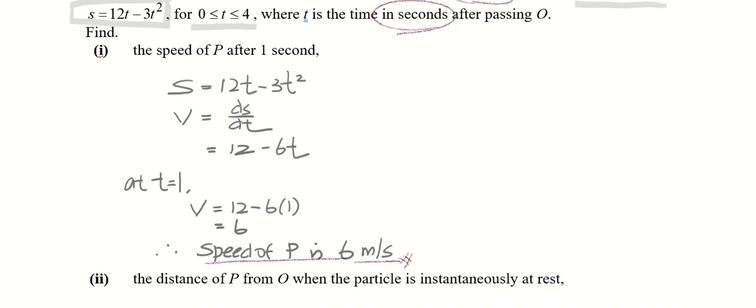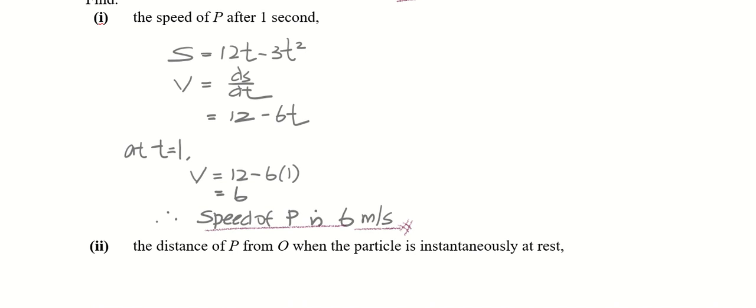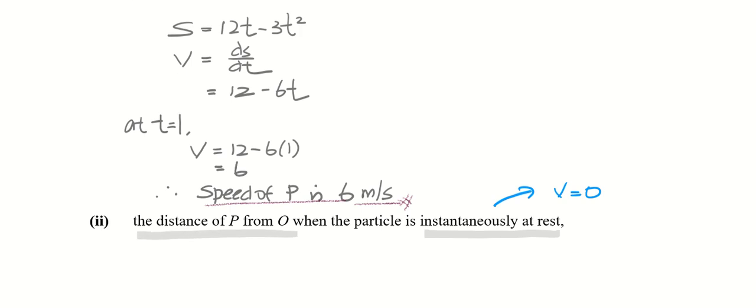Now the second part: the distance of P from O when the particle is instantaneously at rest. One thing you must know: instantaneously at rest infers that your velocity equals 0. The other thing is that distance of P from O is telling you the displacement.